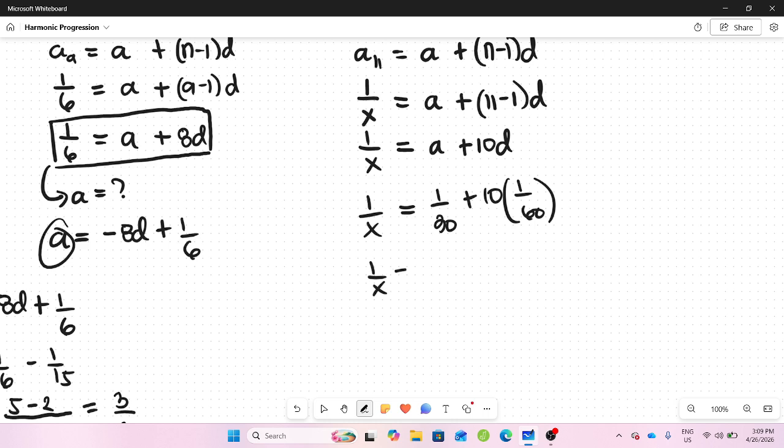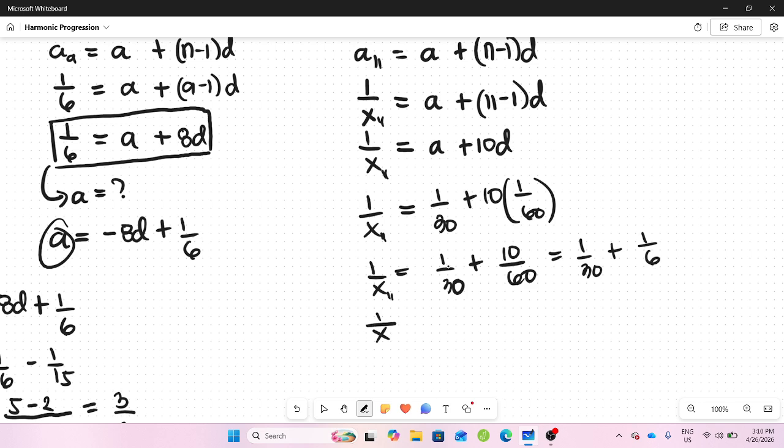For the 11th term, let me put this on the 11th term. So this is going to be 1 over 30 plus 10 over 60, which is 1 over 30 plus 1 over 6.